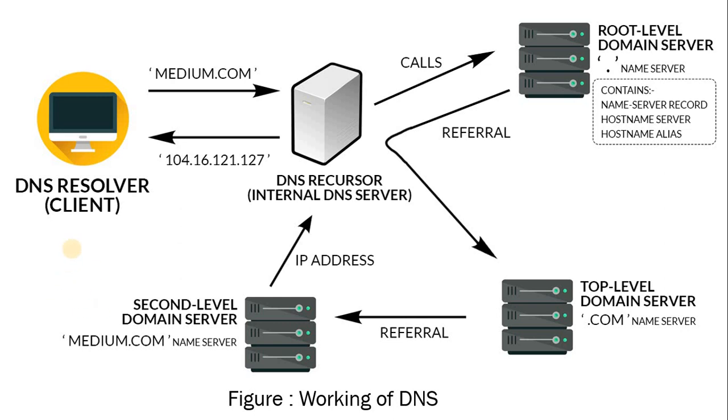Now I'm going to show you a live capture of packets in Wireshark, and how the resolution of a particular host name to its IP address works and the internet resources become available.